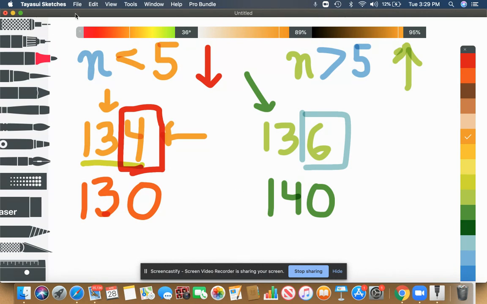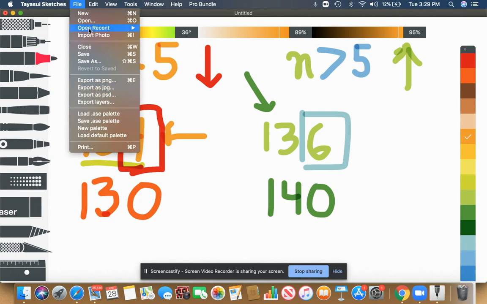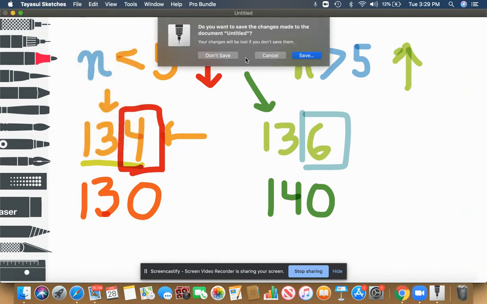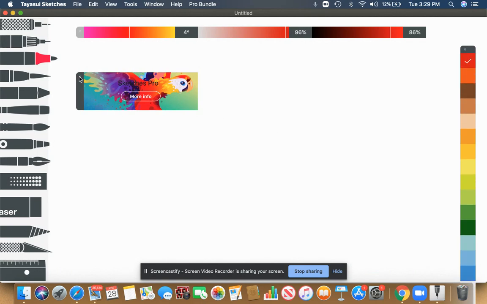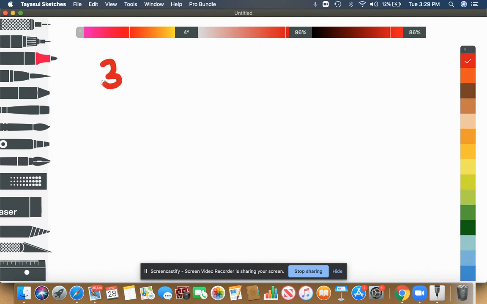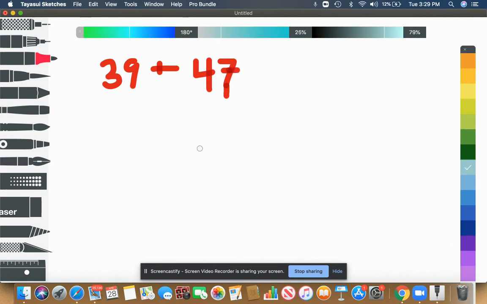Now, the next thing is compatible numbers. If I have some numbers like 39 plus, let's say, 47. Well, it's sort of like using rounding.